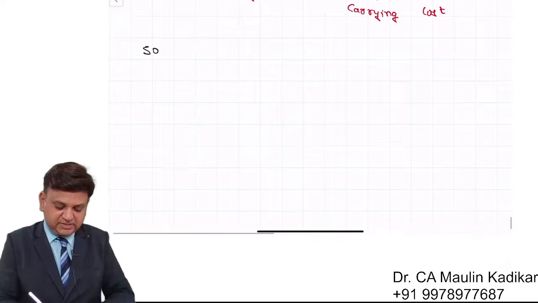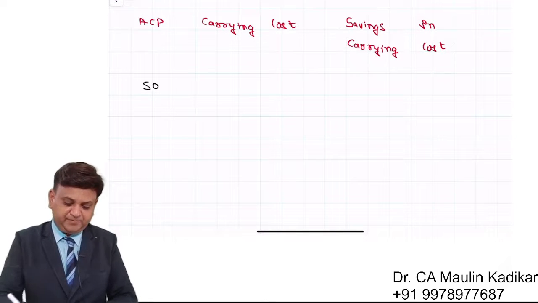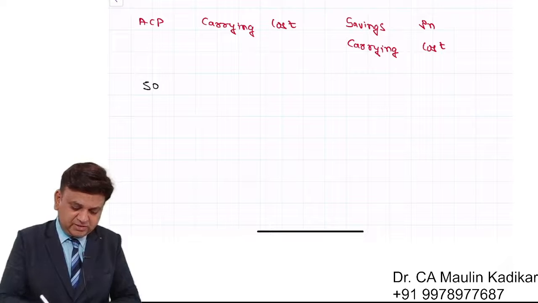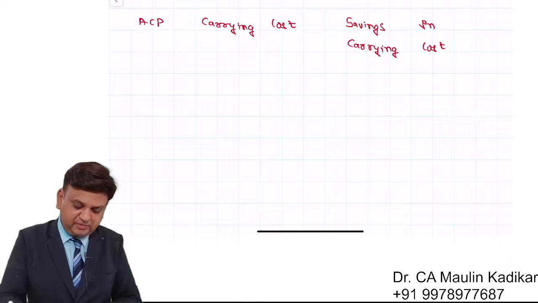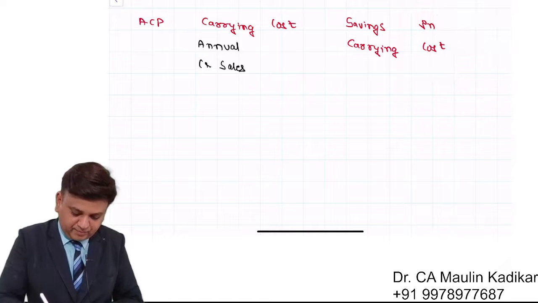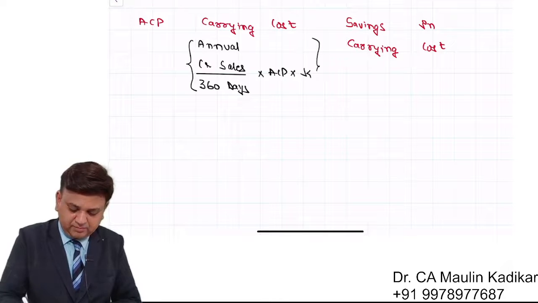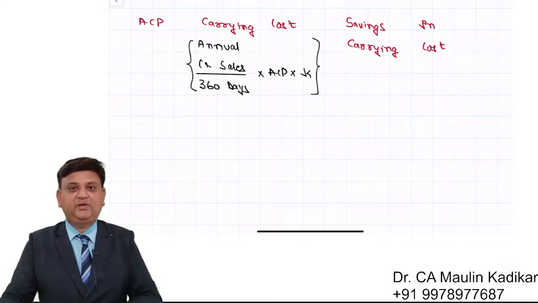Proposal 1, the collection period is 40 days and then it reduces. The carrying cost will be calculated using a formula like this: annual credit sales divided by 360 days into average collection period into cost of capital. This is the way the carrying cost is found.